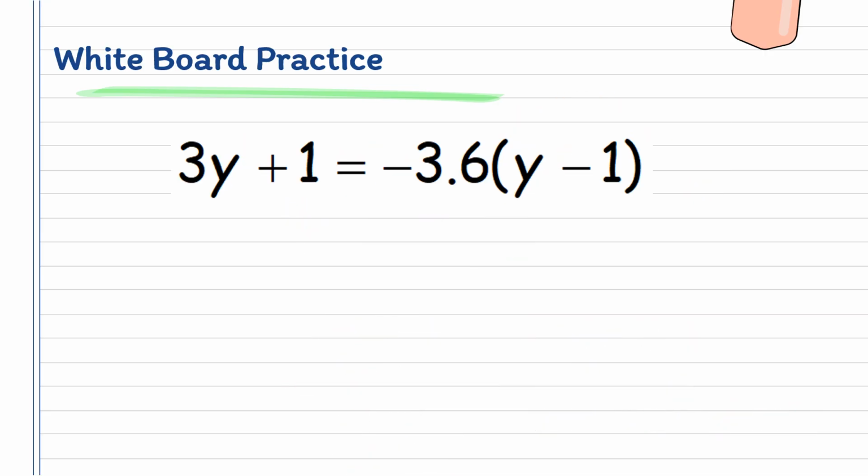Next, let's see. So I'm doing this group, negative 3.6 times y is negative 3.6y, and negative 3.6 times negative 1 is positive 3.6.